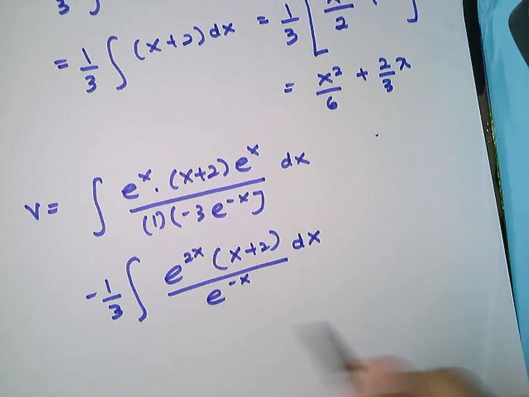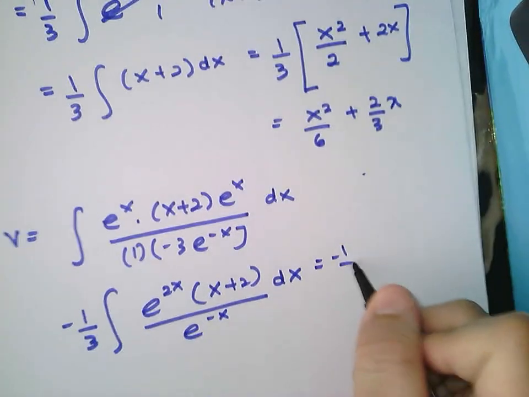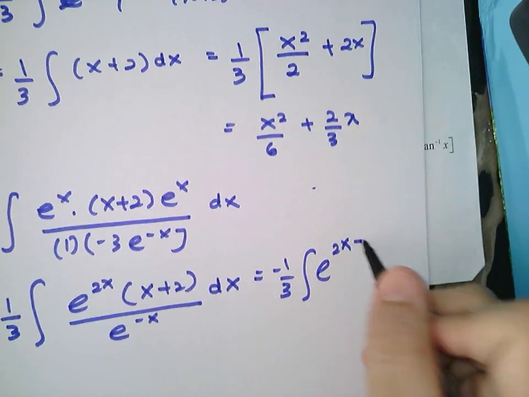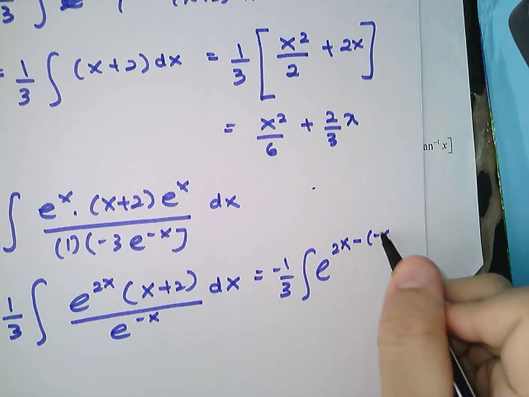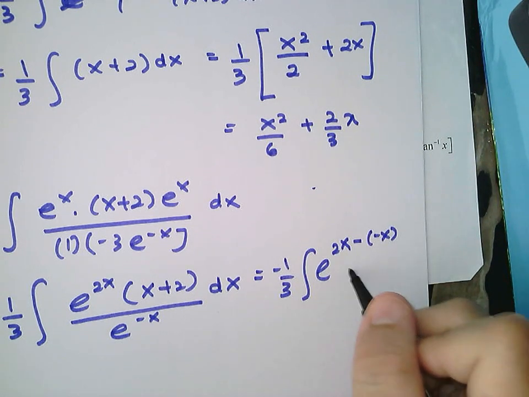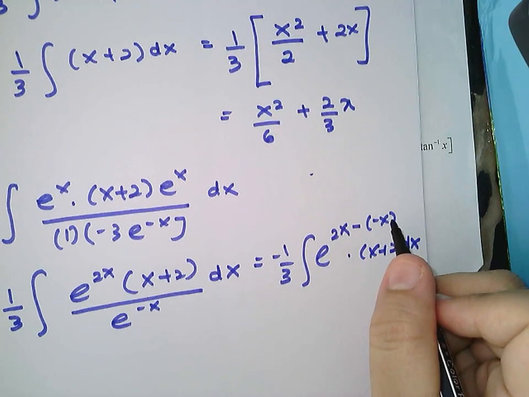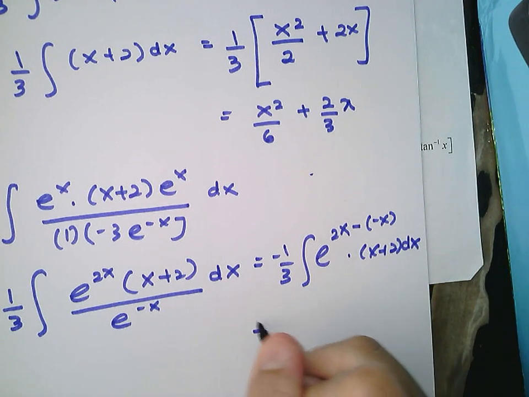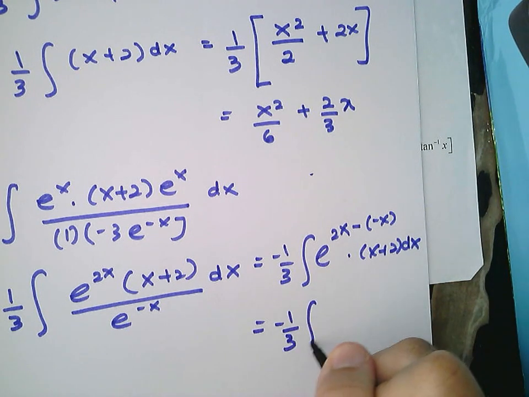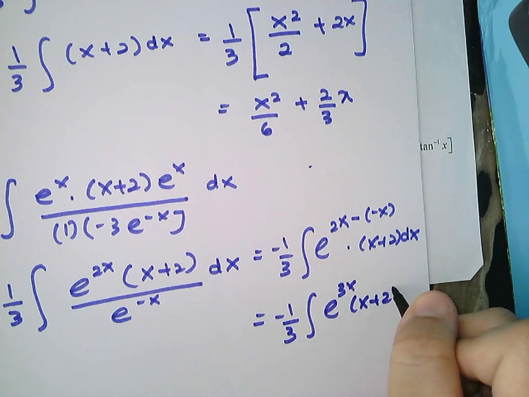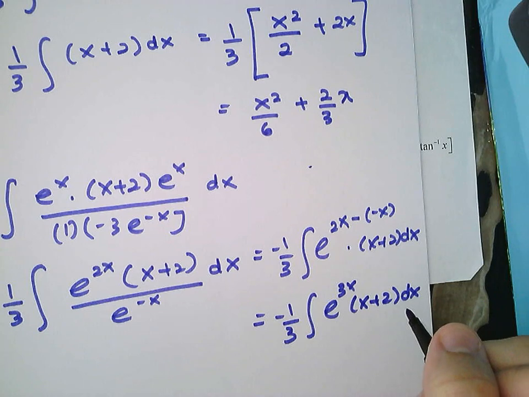So you will have equal to negative 1 over 3, so e^(2x) minus negative x times x plus 2 dx. So negative negative will give you positive. So therefore you will have negative 1 over 3 integrate e^(3x) times x plus 2 dx.